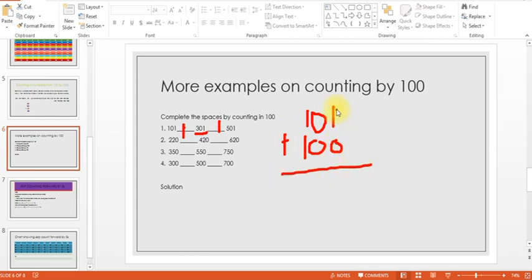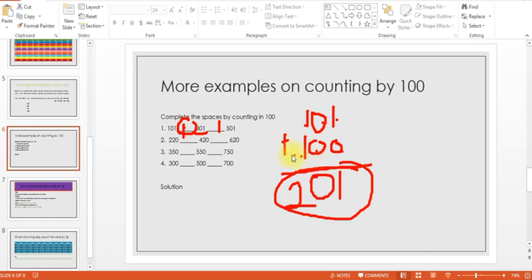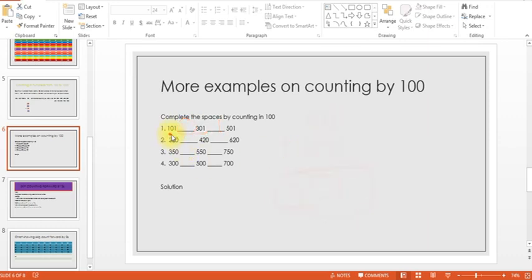So we add it here. 1 plus 0 will give us what? 1. 0 plus 0, 0. Then 1 plus 1 will give us what? 2. So therefore, over here, the answer for this side is 200 and what? 1. Because we've added 100 to the 100 and what? 1.